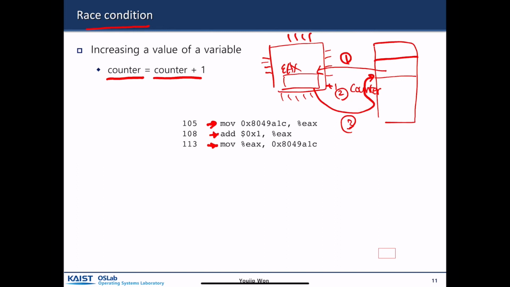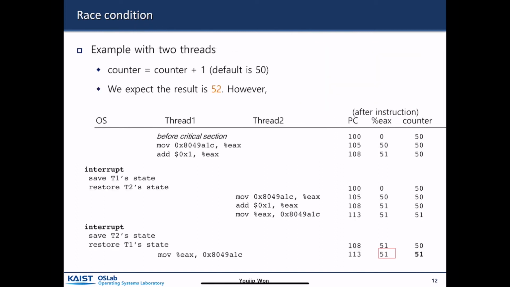Okay, this is simple, but when two threads compete against each other to increase the same variable, very interesting things happen. So there is the operating system and there are two threads, thread 1 and thread 2, and they are trying to increase the value of counter by 1.